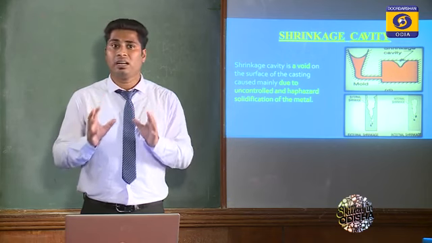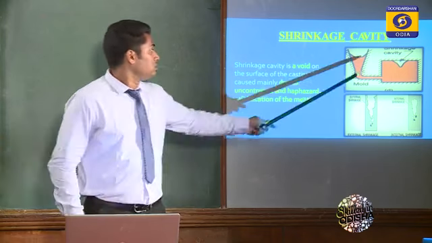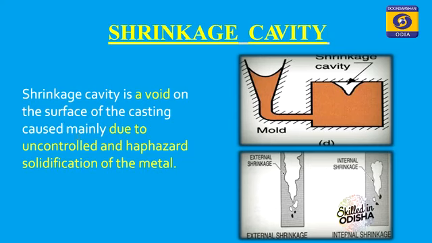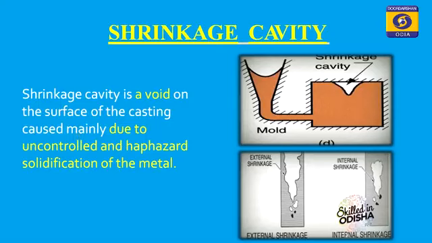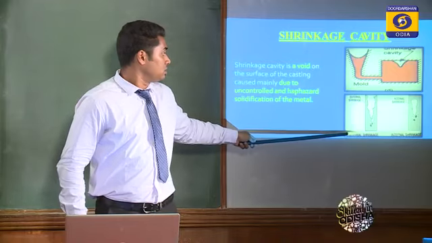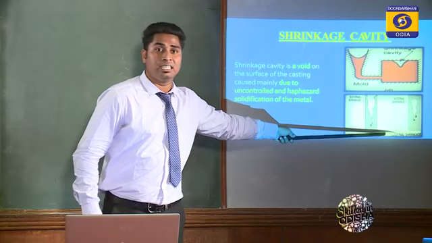It is one kind of void, remember it. See this figure, this is a shrinkage cavity, the top white portion you can see, this is a void which is formed due to the haphazard or uncontrolled way of solidification. See this figure, this is external shrinkage and this is internal shrinkage.